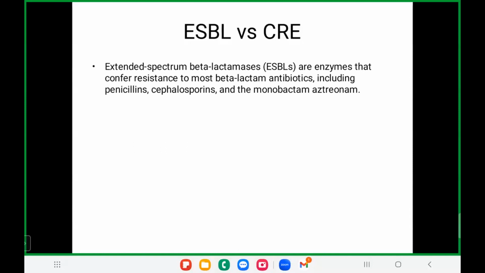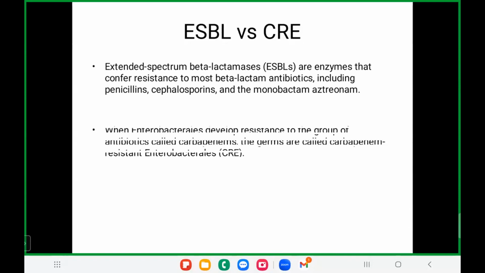ESBL enzymes confer resistance to most of the beta lactams, including penicillins and cephalosporins. But these bugs are susceptible to carbapenems. If you have the next level bug, there is resistance to carbapenems as well, so we have very few options. Carbapenems are nothing but imipenem, meropenem kind of drugs.